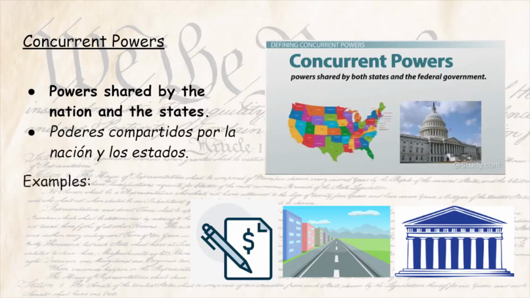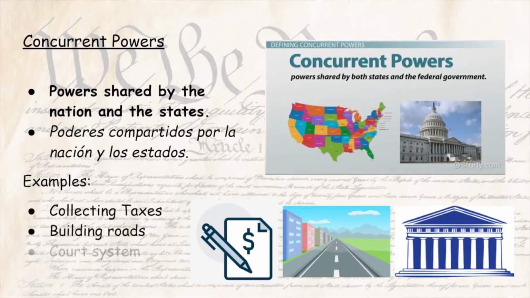Some examples of concurrent powers are collecting taxes, building roads, and the court system. Algunos ejemplos de estos poderes son recolectar impuestos, construir calles y el sistema de cortes.